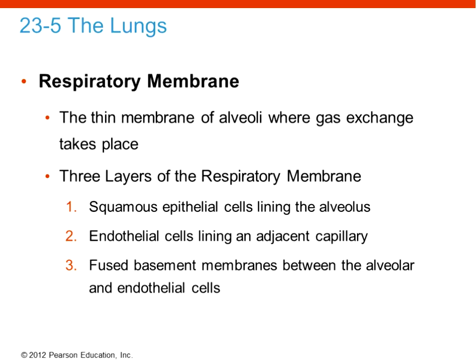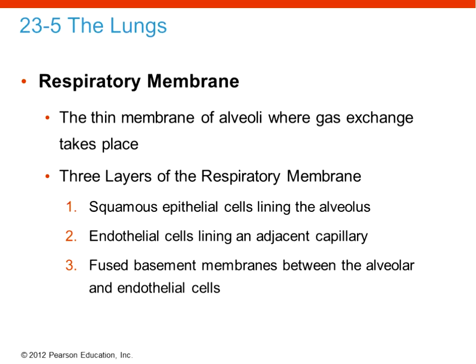All right, so as I was saying, the respiratory membrane is a really important component of the alveolus, and this is a very thin membrane across that alveoli where this gas exchange occurs. And there are essentially 3 layers to this respiratory membrane. As I said, the first part, of course, are the simple squamous epithelial cells.